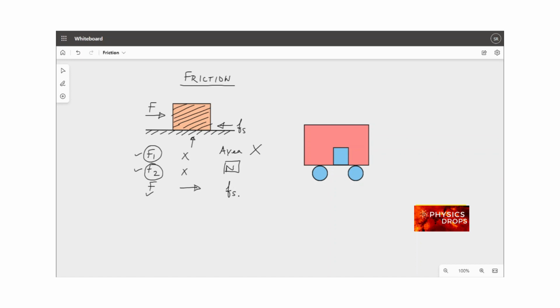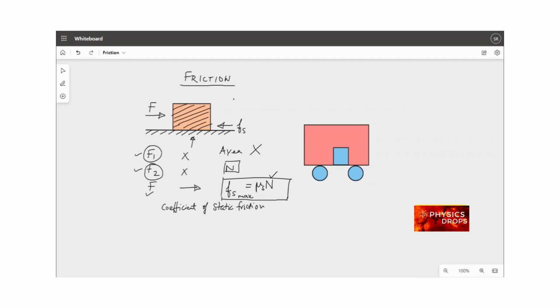So that frictional force, we can call it Fs maximum, is given by the product of mu s and N. N we know is the normal force, but what is mu s? Mu s is called the coefficient of static friction. So this is the formula for force due to static friction.